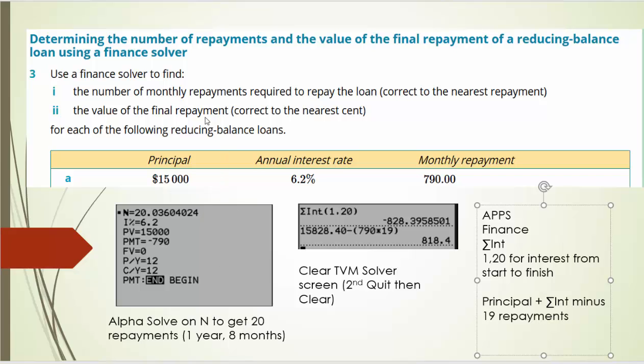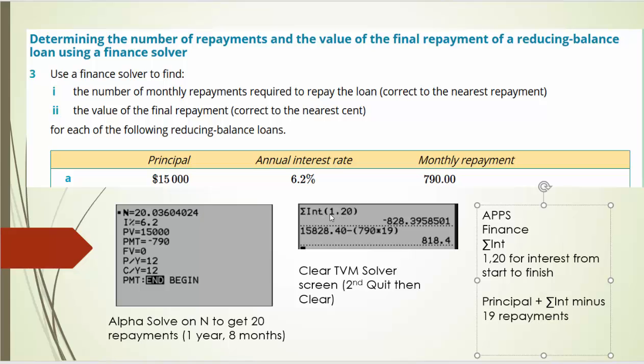The value of the last repayment is a little bit more complicated. This introduces a new function. Leave this on the screen, but then clear the TVM solver with, I suggest, second function quit and then clear, and then go into apps finance again and scroll down to sum of interest, sigma interest, which I think is off the screen.